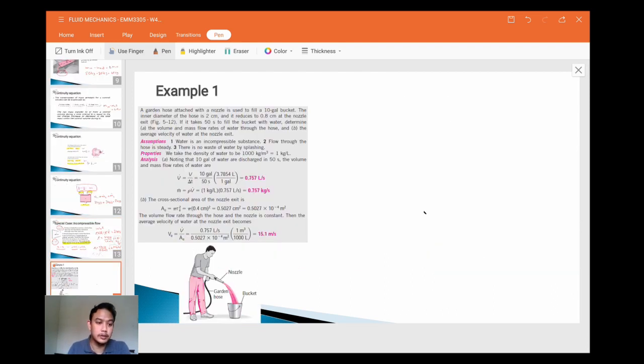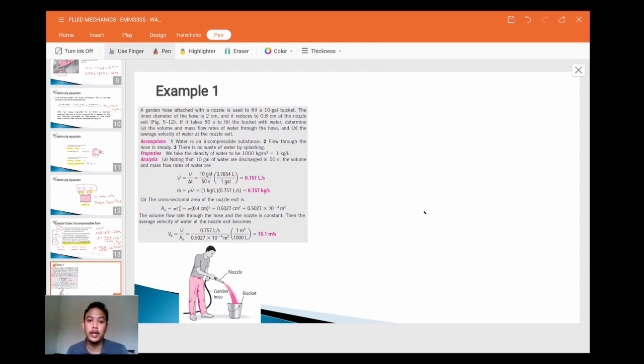Okay, we go for the next example. Example 1. A garden hose attached with a nozzle is used to fill a 10-gallon bucket. The inner diameter of the hose is 2 cm and it reduces to 0.8 cm at the nozzle, the exit of that hose.